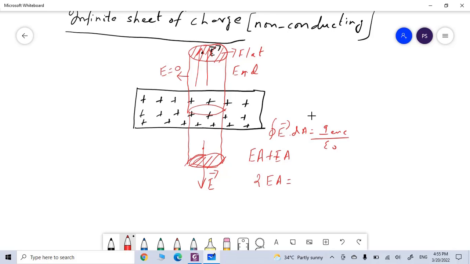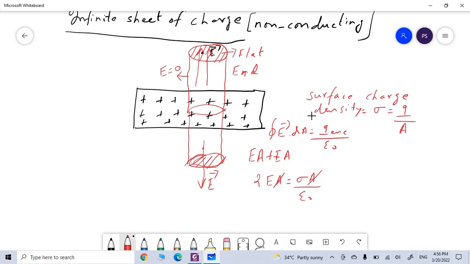As far as the right hand side is concerned, it's not so difficult, but since it is a surface, we need to consider the surface charge density, which is sigma, and sigma is nothing but Q over area. And here instead of the charge enclosed, we can substitute sigma multiplied by A divided by epsilon 0.